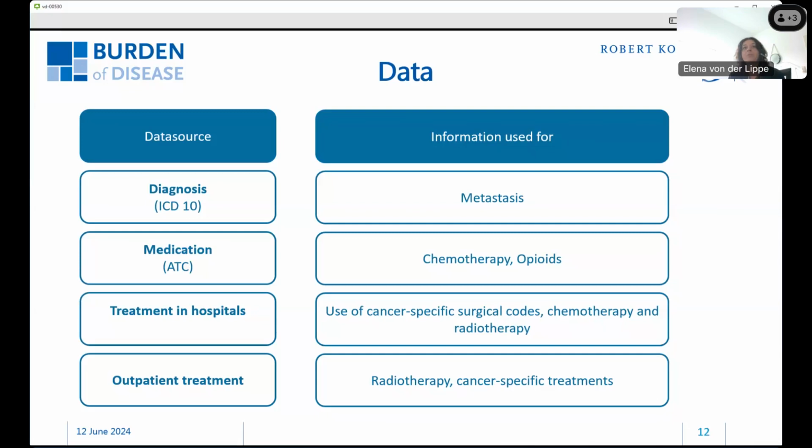And from the outpatient treatments, we could also take information if there was radiotherapy taking place or any cancer-specific treatments. So all these data sources were used to assign to the patients the severity phase that they were in at the moment.